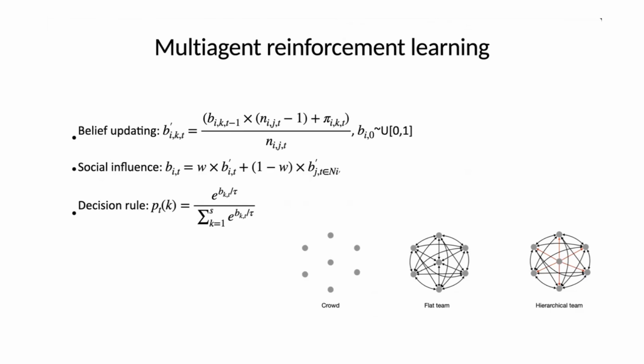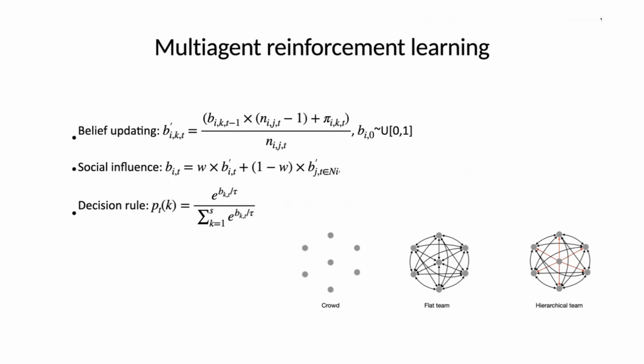So W models how much the opinions of the other agents matter. If W is high, close to 1 or even 1, the other agents' opinions don't matter, and there's no social influence. But if W is low, it's the other way around, meaning high social influence: the individual belief is highly affected by the other agents' beliefs. So this is just a linear combination of both.